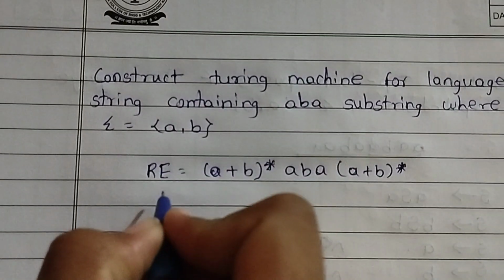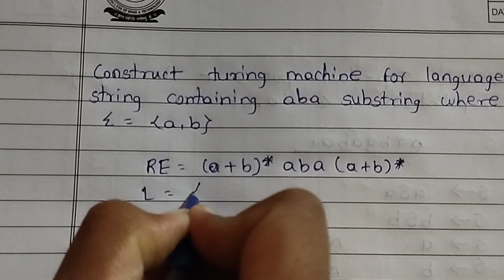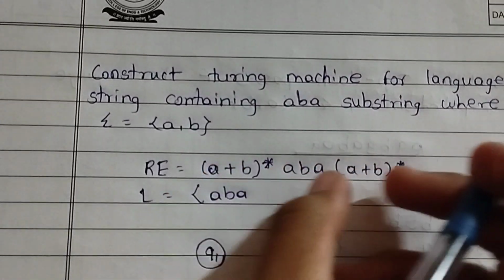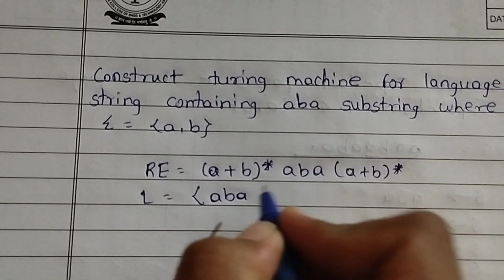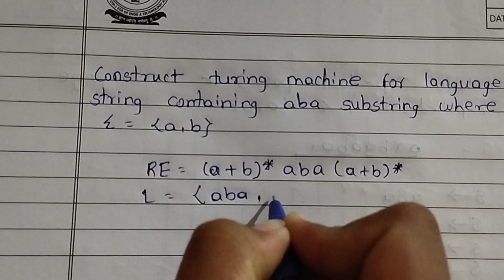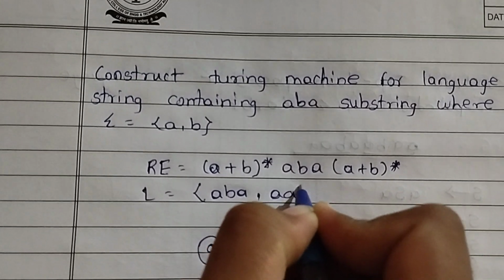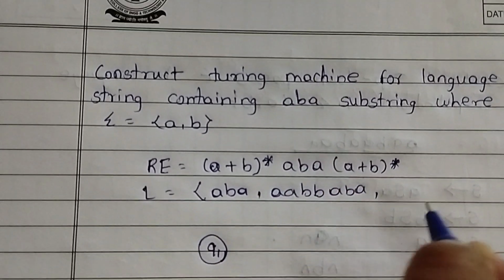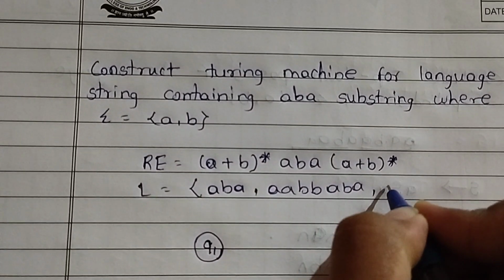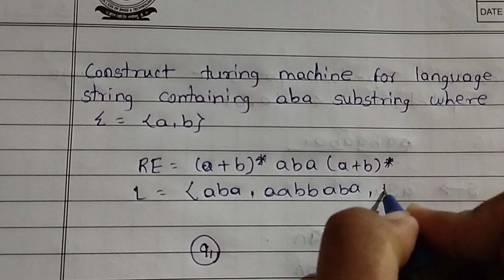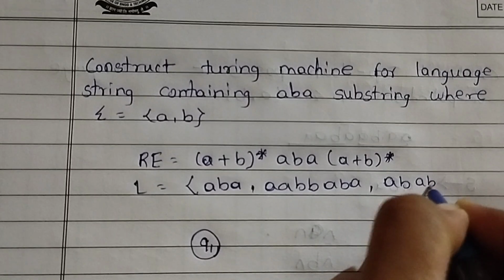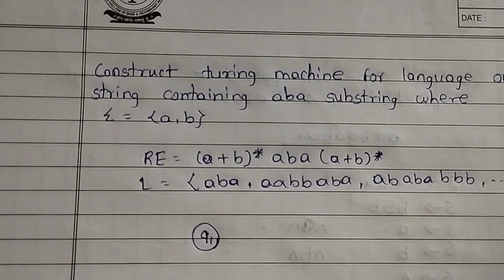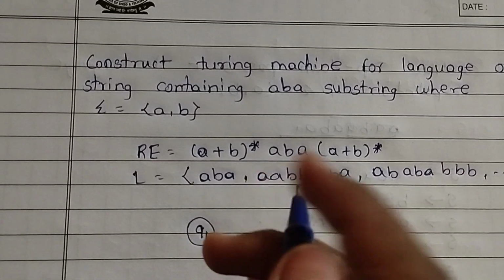Let's write the language here also. It can be ABA simply, meaning both parts are null and only this substring is present, or AABB and then ABA, or AB then ABA and BBB, like this. N number of strings can be formed here.